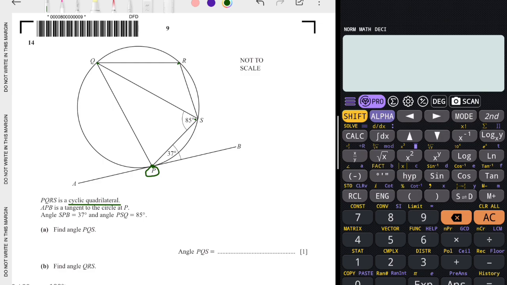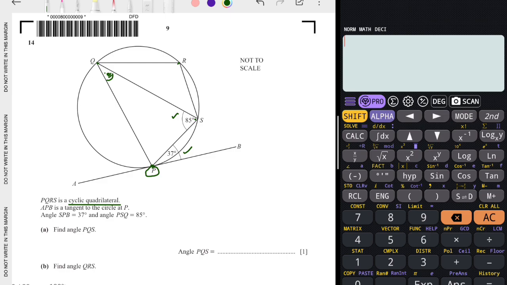Now angle SPB is equal to 37 degree and angle PSQ is 85 degree. So what we have to find out is PQS, this angle. So students, if you see, this is alternate segment theorem that states the angle between a tangent, this angle, and a chord.